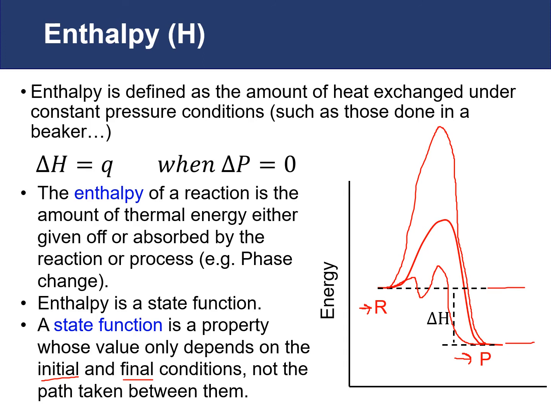So both heat and work are path dependent, but enthalpy is path independent. And we can use this, and we will use it later when we're talking about driving forces for reactions and how much useful energy we can get out of a particular reaction system.